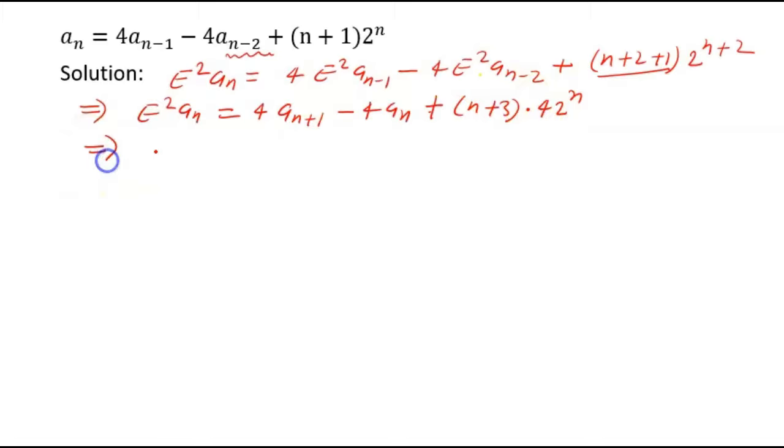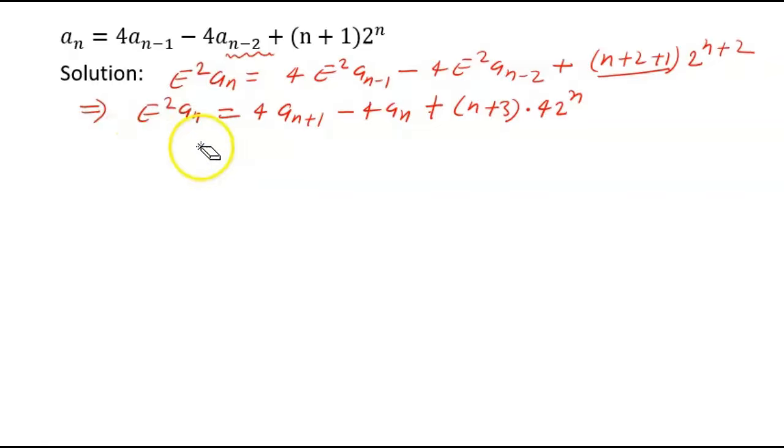So we get E squared, and E squared basically you could have written as a_(n+2) also. Let me first correct it. It is better to write everything in the same form.